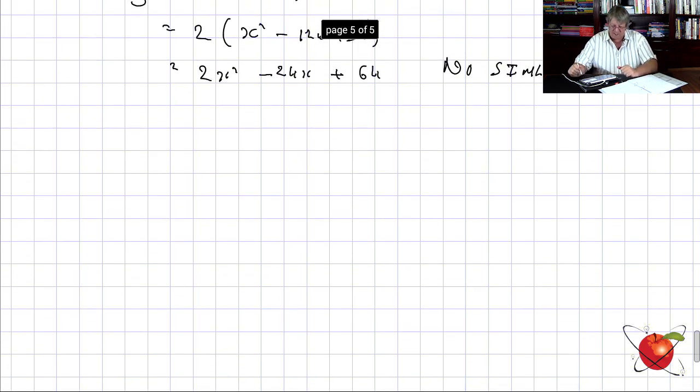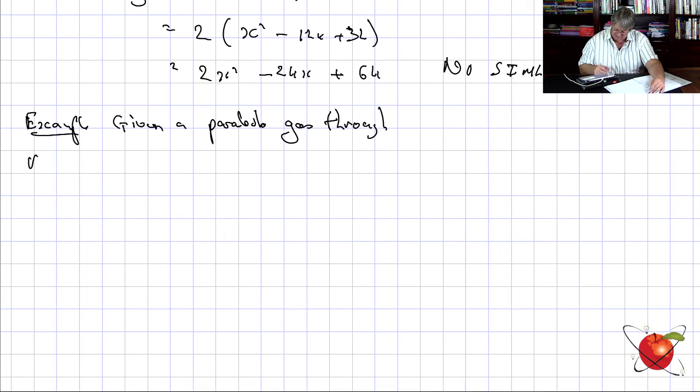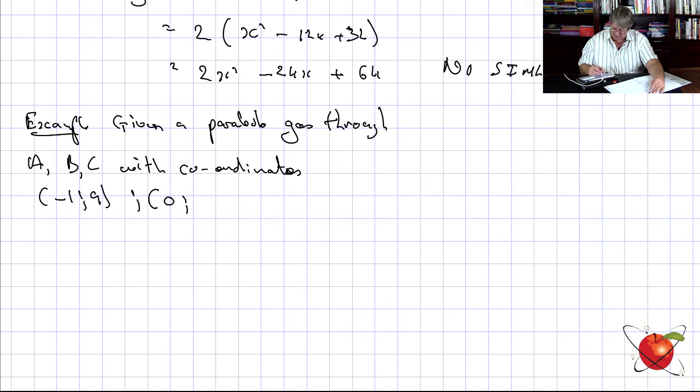Okay, the last one I'm going to do here. I've gone over, I'm sorry. The last example is: given a parabola that goes through A, B, and C with coordinates as follows: -1, 9; 0, 8; and -2, 8.